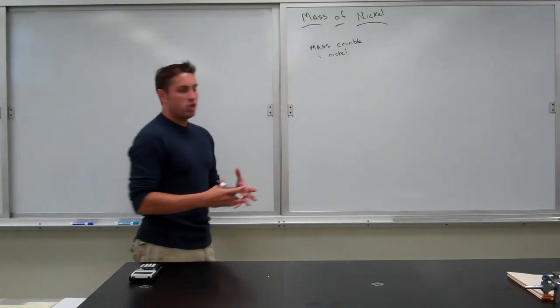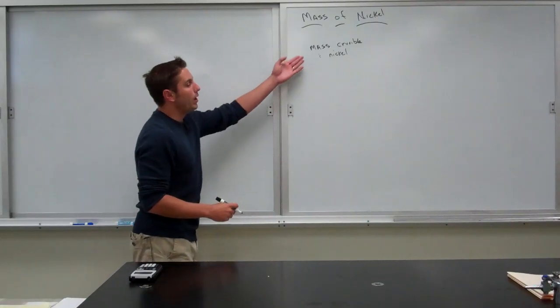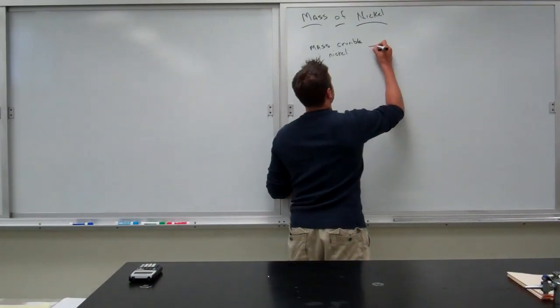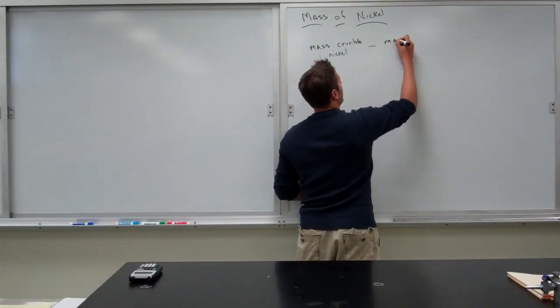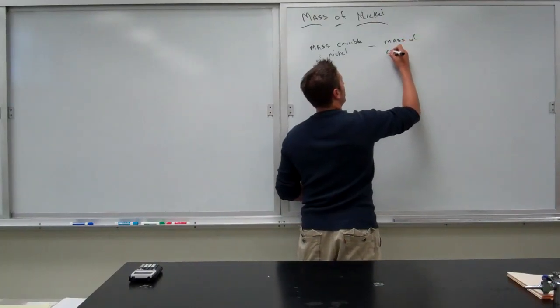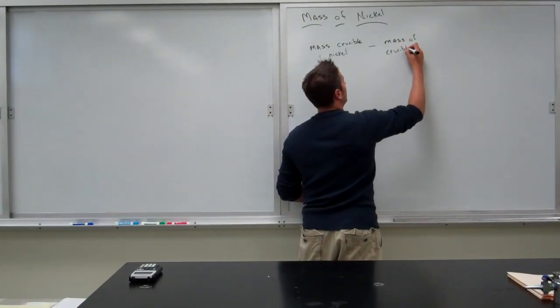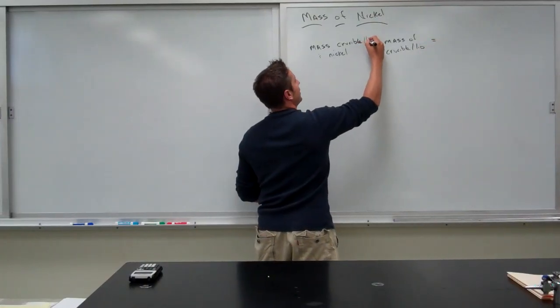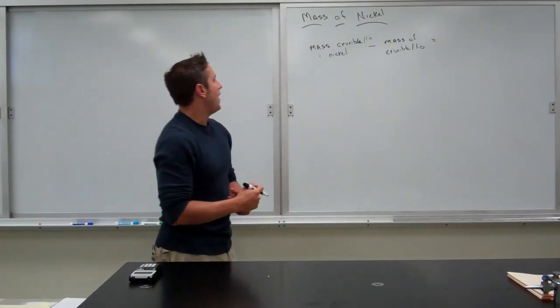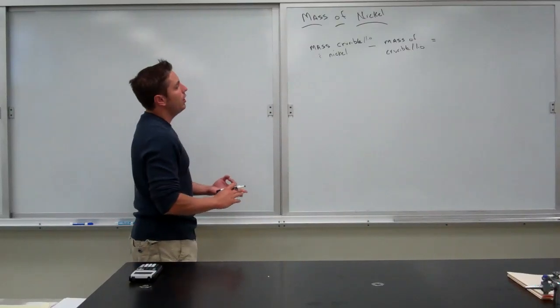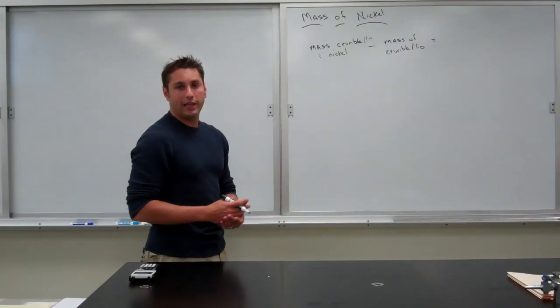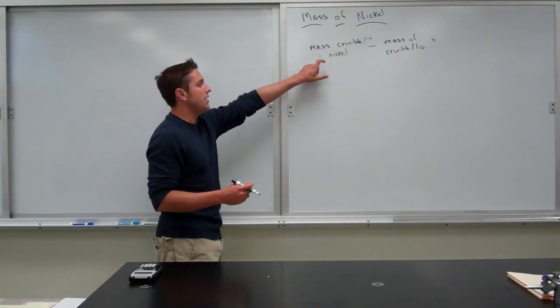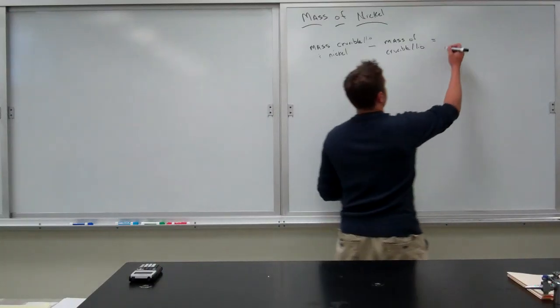If I want just the mass of the nickel, what I need to do is subtract out the mass of the crucible and the lid. And this had the lid as well. So if I have the crucible, the lid, and the nickel, and I know what the empty crucible and lid is, the difference between those must be the amount of nickel that we put in.